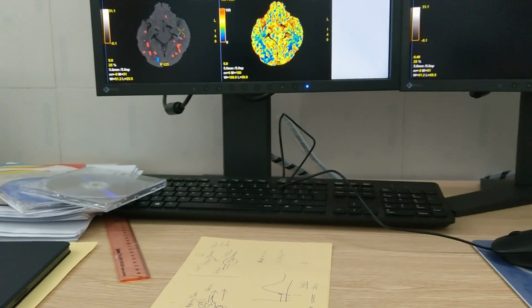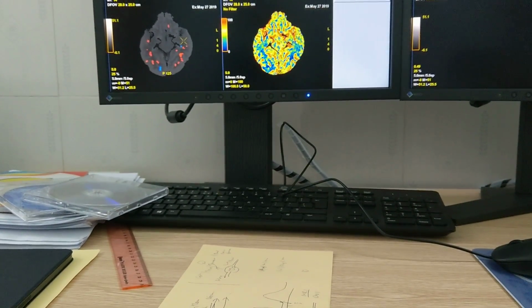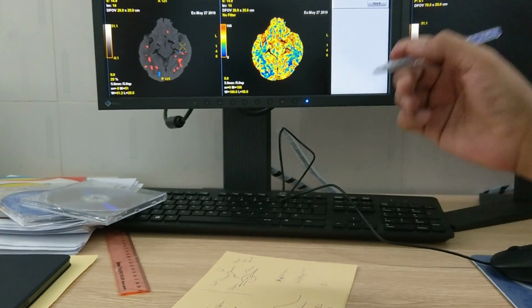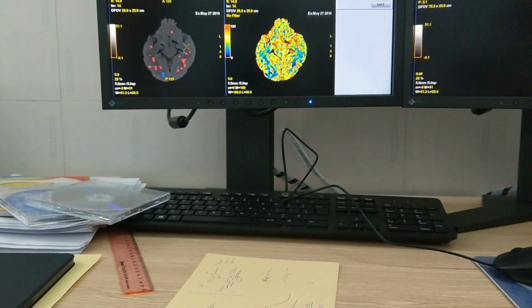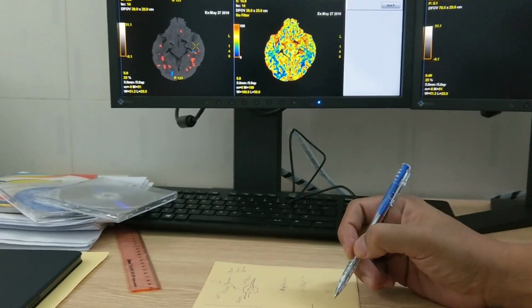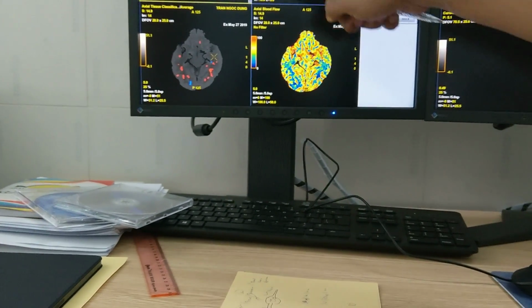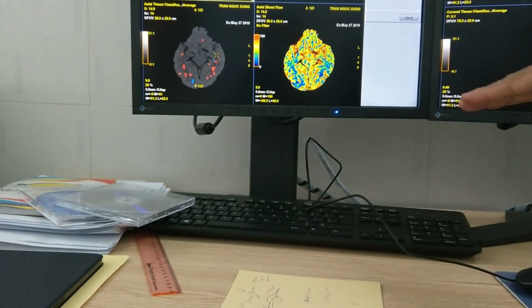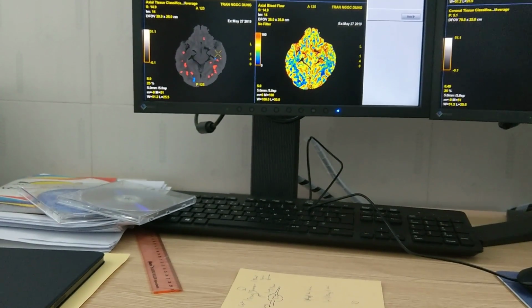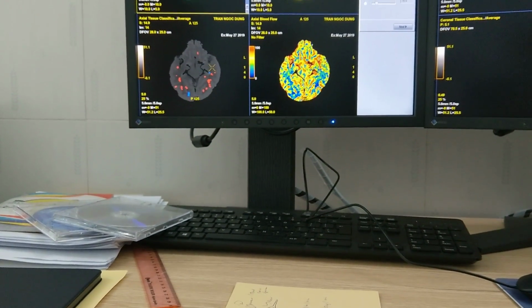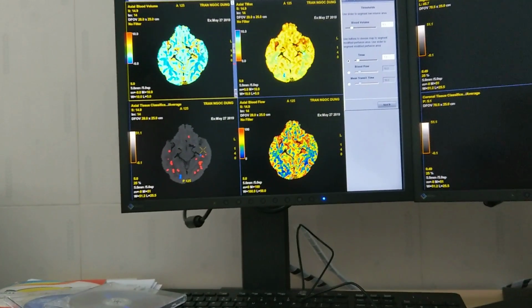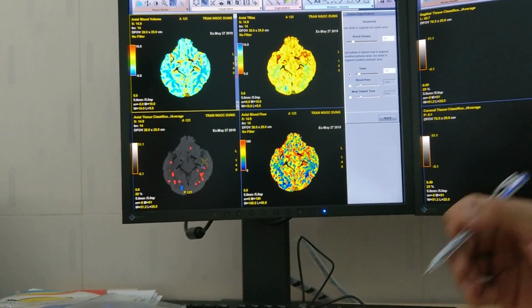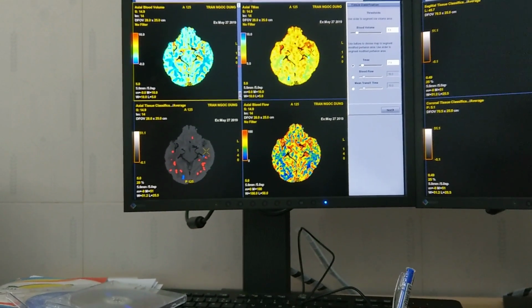So the penumbra or tissue at risk is either Tmax or blood flow, anything with the time, which is mL per minute or per second.